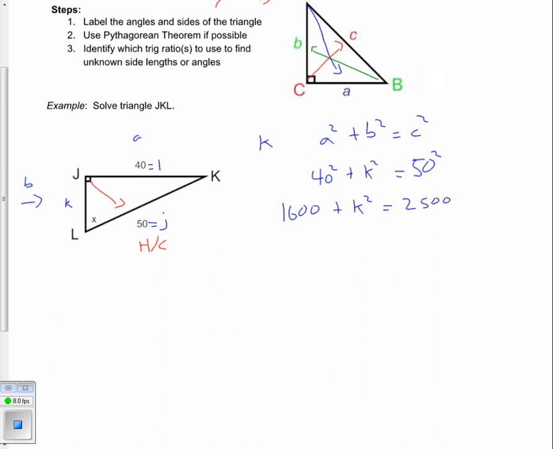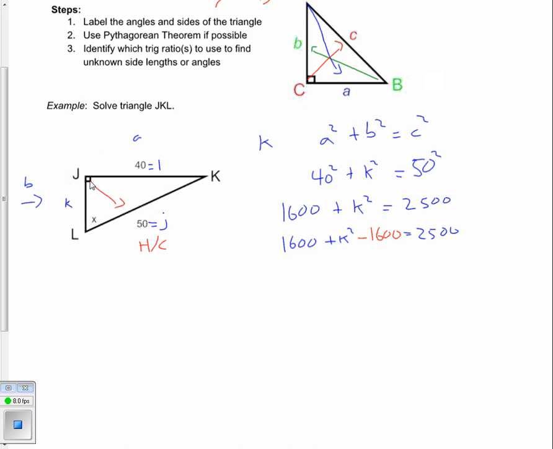I want to get that k term all by itself, and so to do that I actually need to remove the 1600 from the left-hand side of the equation. So to do that, I do 1600 plus k squared minus 1600. And if I've done that to the left-hand side of the equation, I must also do that to the right-hand side of the equation.